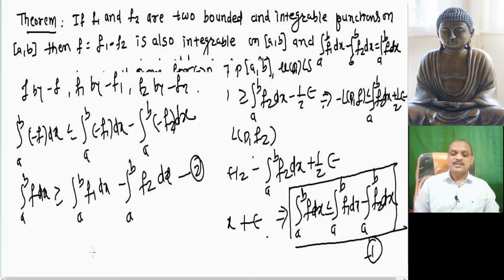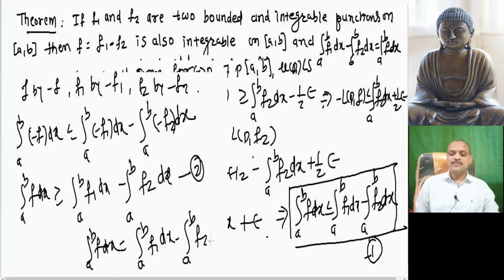Now from inequalities 1 and 2 we have the integration from a to b of f equal to the integration from a to b of f1 dx minus the integration from a to b of f2 dx. Okay, so both strict inequalities are not possible. At the same time one quantity cannot be greater than this quantity while this quantity is also less than that quantity.